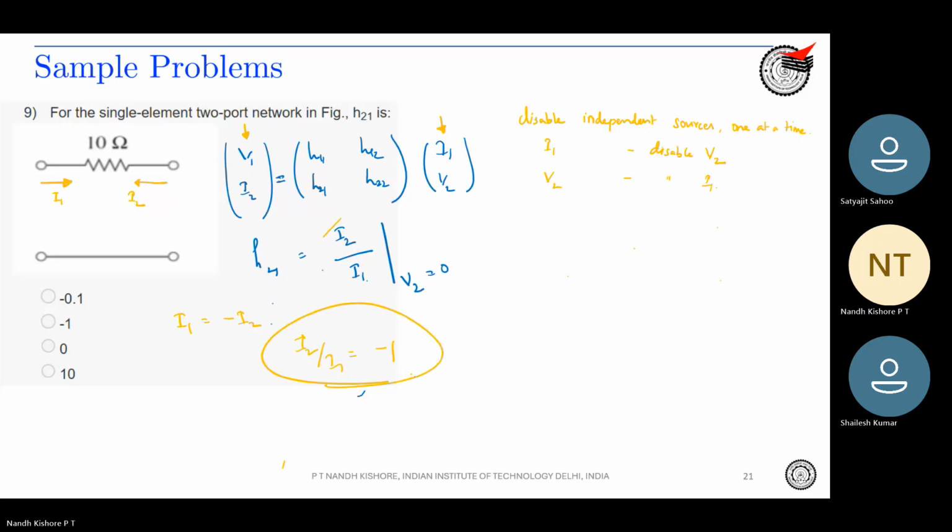Minus 1. Okay. Don't get influenced by this resistor. Don't think it is 1 by 10 or 10 or something. See, it is direct. You just need to know the H parameter definition. You see I2 by I1 over here, it's directly connected. Based on the convention that we follow, I1 and I2 are in opposite directions. So you get I2 by I1 equal to minus 1 directly.